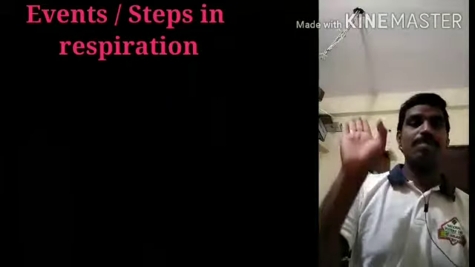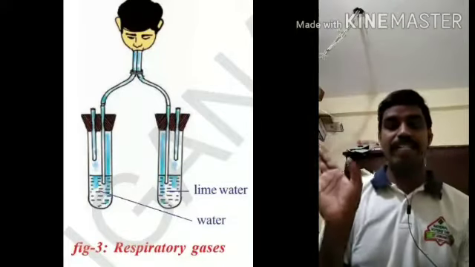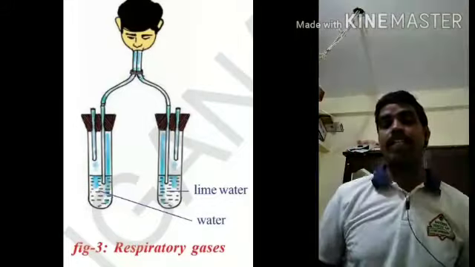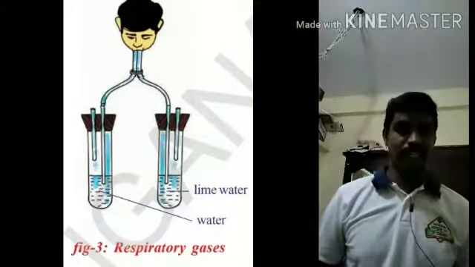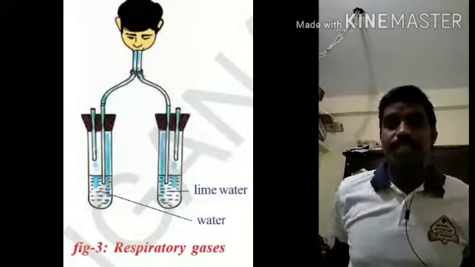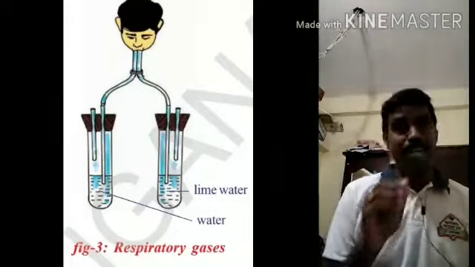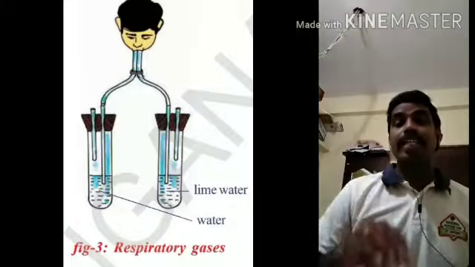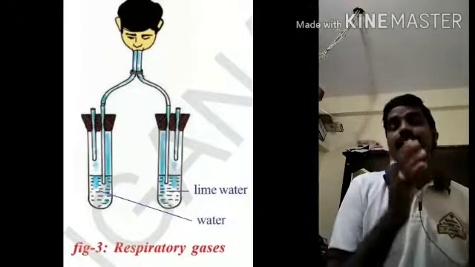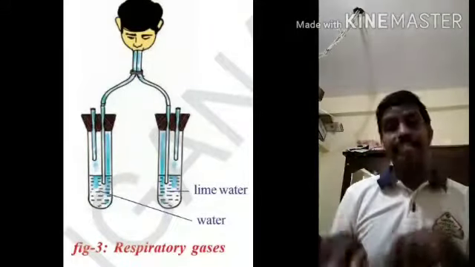Also, you have to observe this picture. In this picture we see 2 test tubes. One test tube is filled with water. Another test tube is filled with lime water. When we inhale, our respiratory gas also produces carbon dioxide. When we exhale into the 2 test tubes, water does not change into any color, but lime water turns milky white.